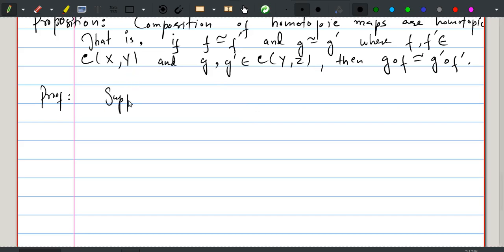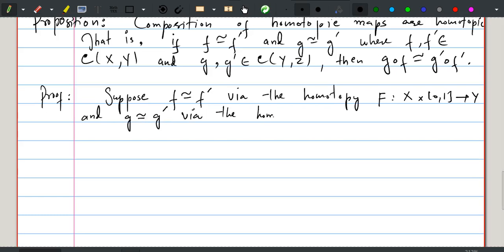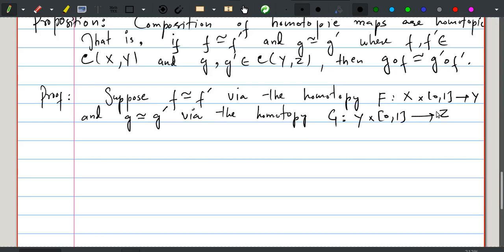Suppose f is homotopic to f prime, where the homotopy, say capital F, is a map from x cross 0 1 to y, and g is homotopic to g prime via the homotopy, say capital G, from y times the unit interval 0 1 to z.